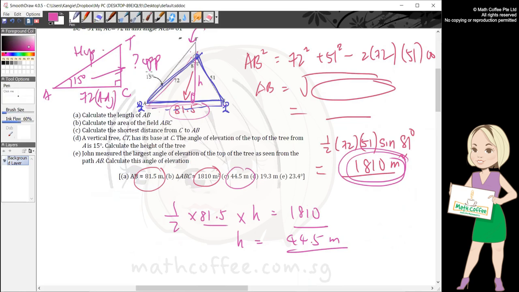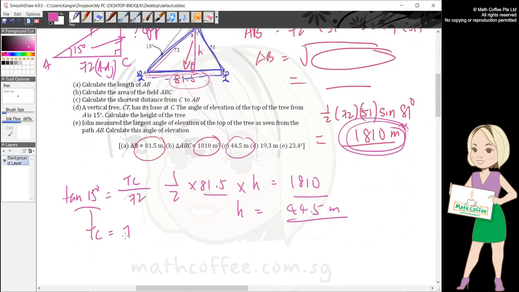So what you do is opposite and adjacent, so it's tangent. Tangent 15 degree is equals to TC over 72. Next, cross multiply. So I have TC equals to 72 tangent 15 degree. So it will be 72 times tangent 15. I get 19.2923. Round off to 3 SF, 19.3. And that is the height of the tree.